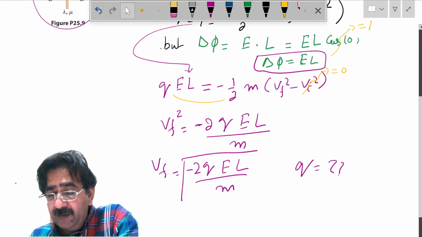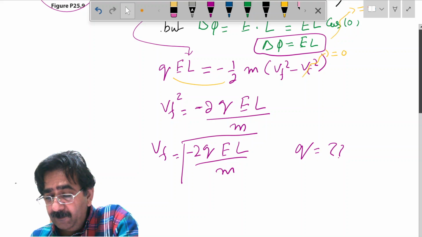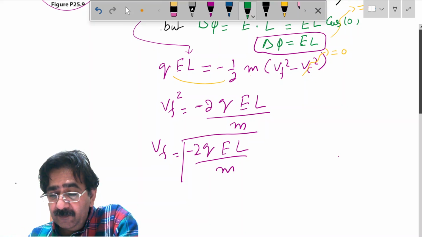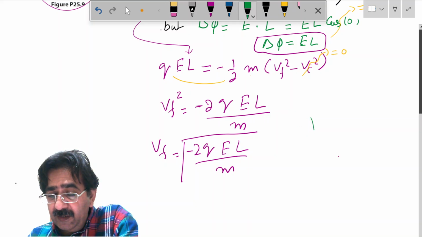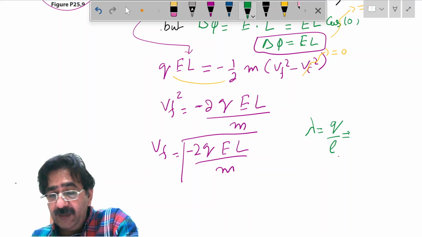As we know, lambda, which is charge density, will be charge Q over length. And this L is different. This is the length of the rod.